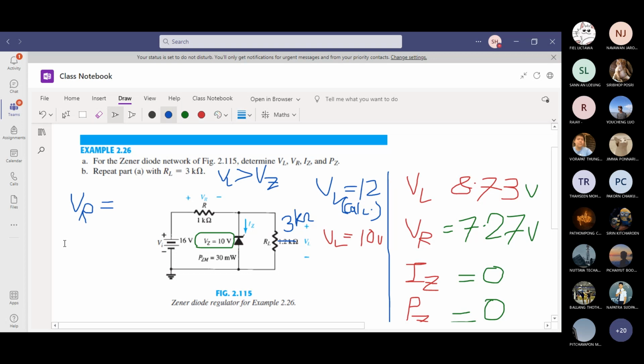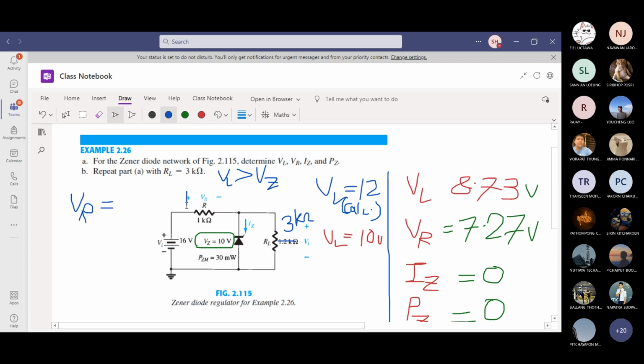VR, the voltage across the first resistor, how much is it? Now the diode is on. Is it 16?